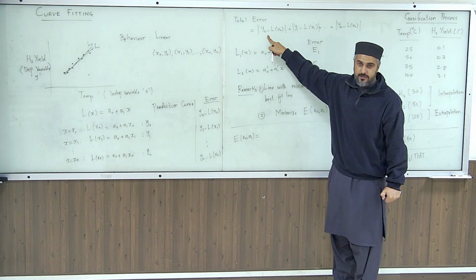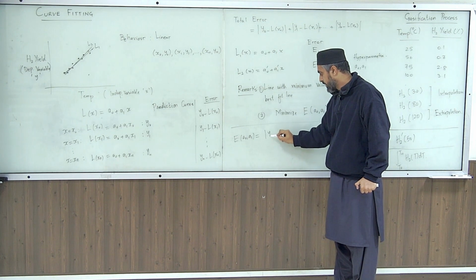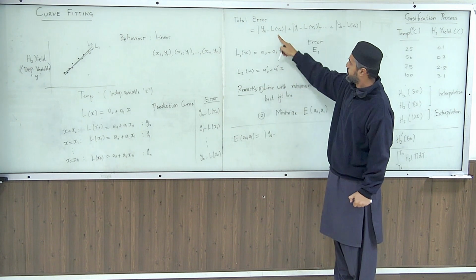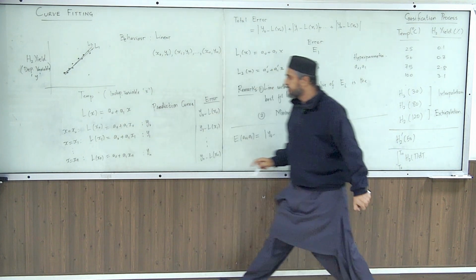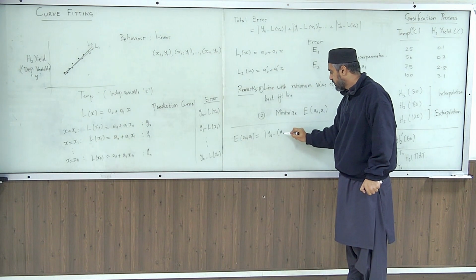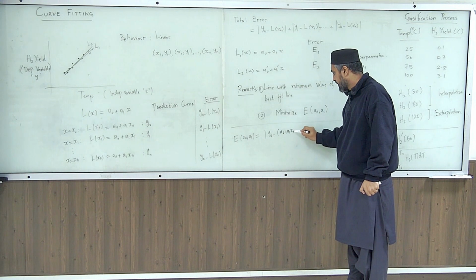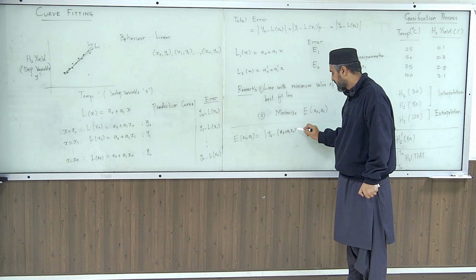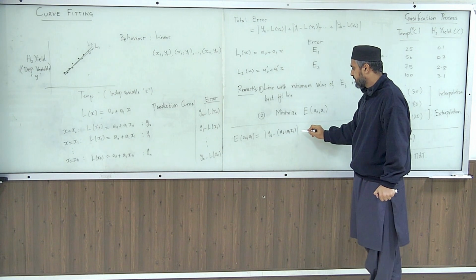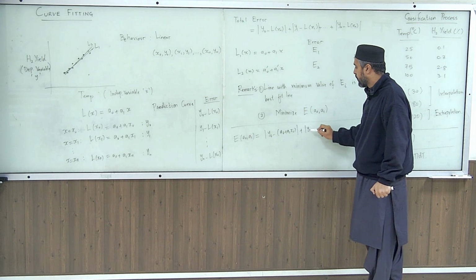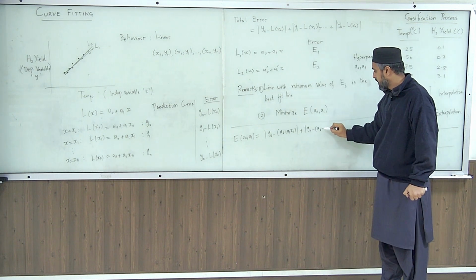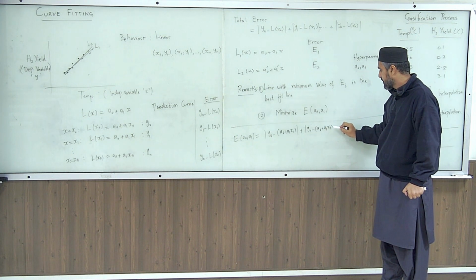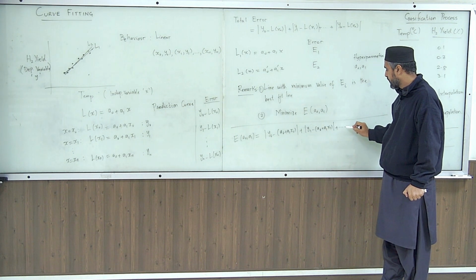So this equation says y0 minus L of x0. What is the value of L of x0? This is a0 plus a1 x0. Then we have y1 minus the corresponding predicted value, a0 plus a1 x1, plus so on.